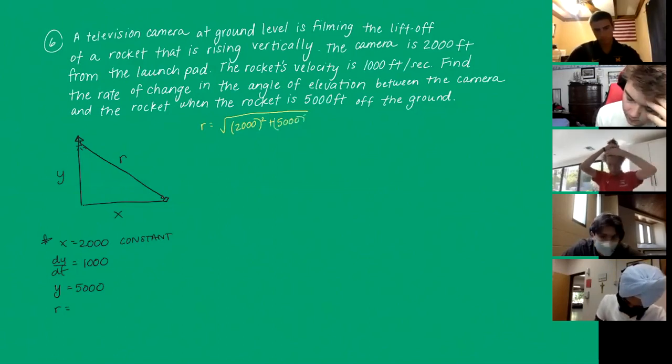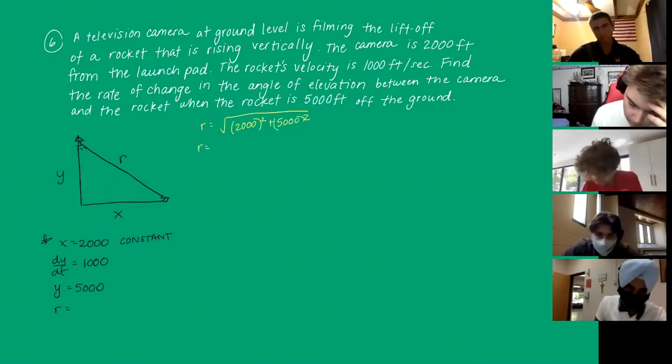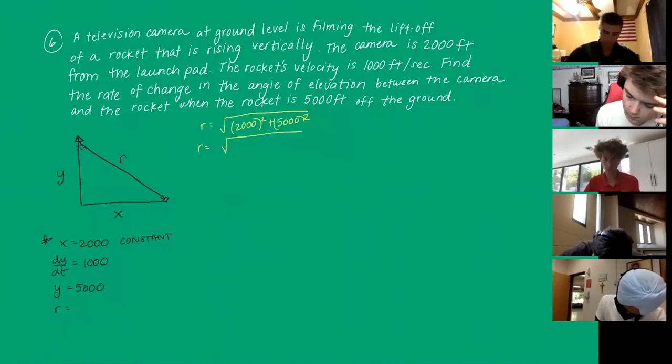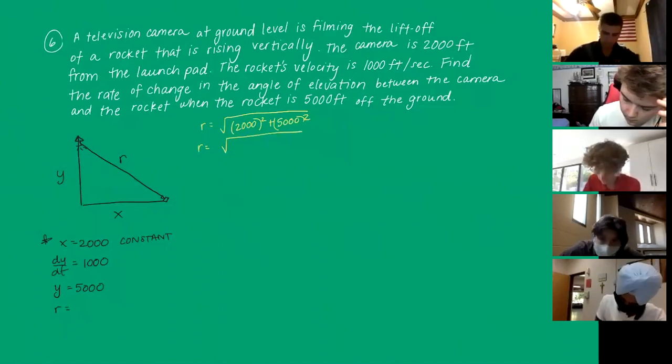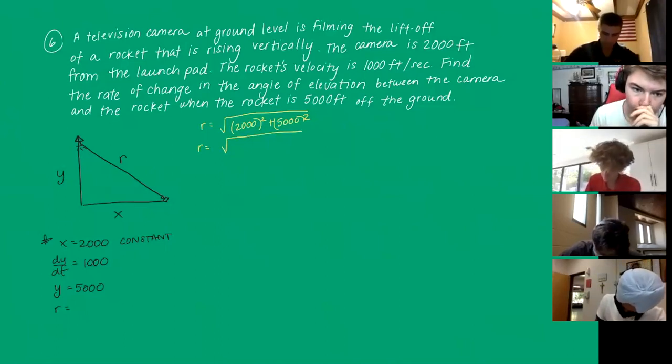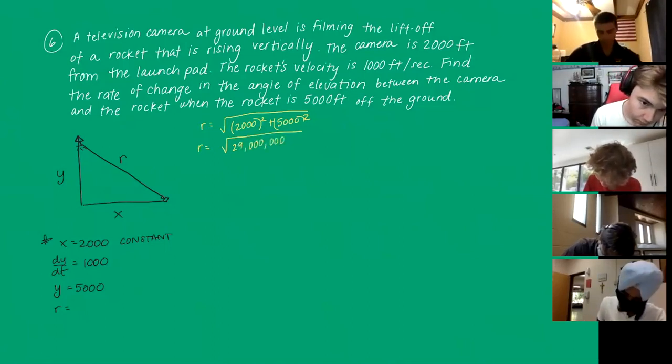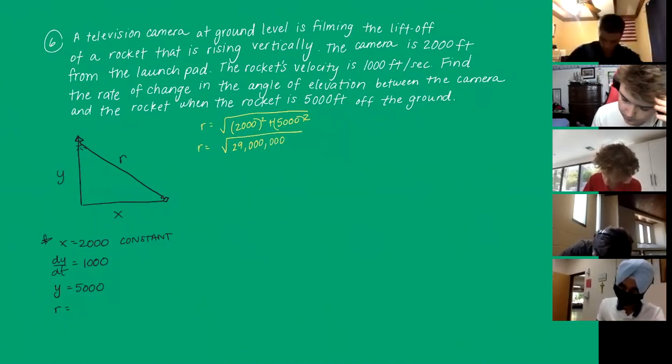Perfect. Okay, so we get R is equal to, I think we get like 29 million out of this. 2 squared is 4, 5 squared is 25, 1,000 times 1,000 is a million, right? So we get 29 with like 6 zeros after it, which, to simplify by hand, which I would expect you to do on this one, this would definitely be a no calculator problem. Even though it looks really hard, these numbers are not hard.